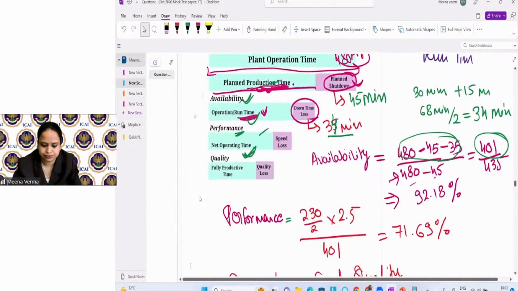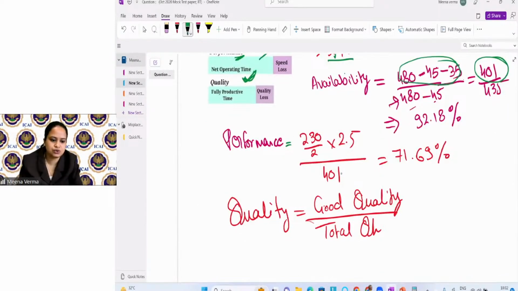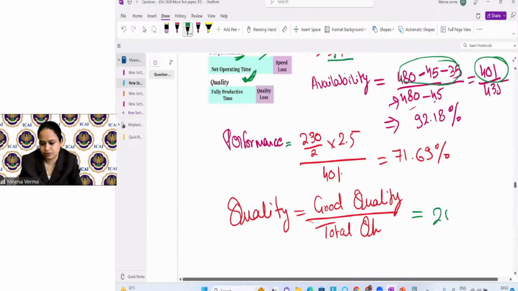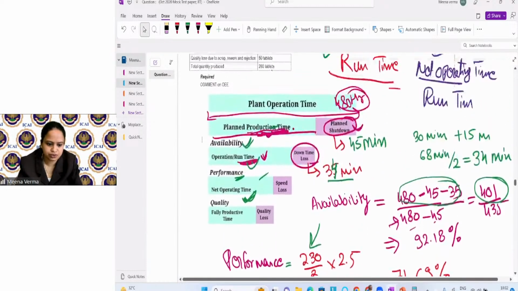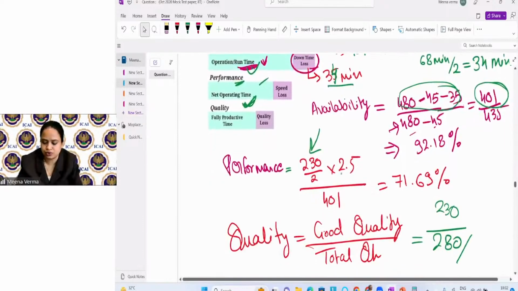So the total units which we are producing here is 280. Good quality product is 230. Right, these are in two shifts, so you can divide both values by 2.